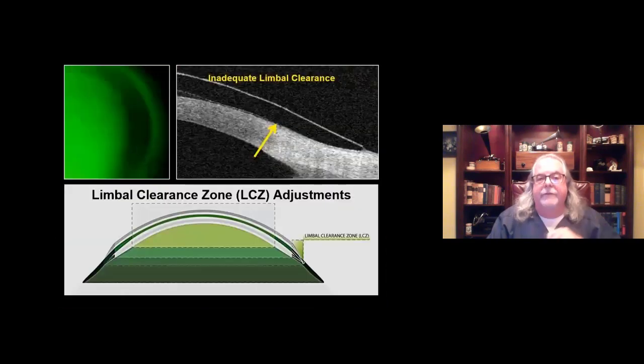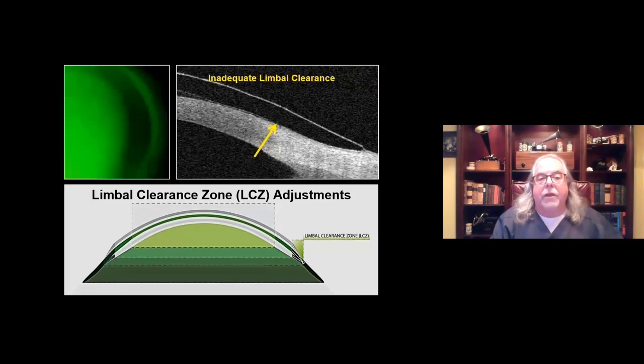Now, here is a lovely example of a lens with inadequate limbal clearance. We can see here that the peripheral cornea has been affected.